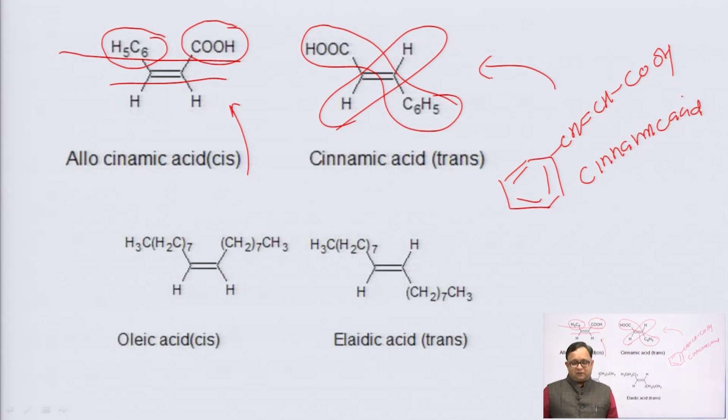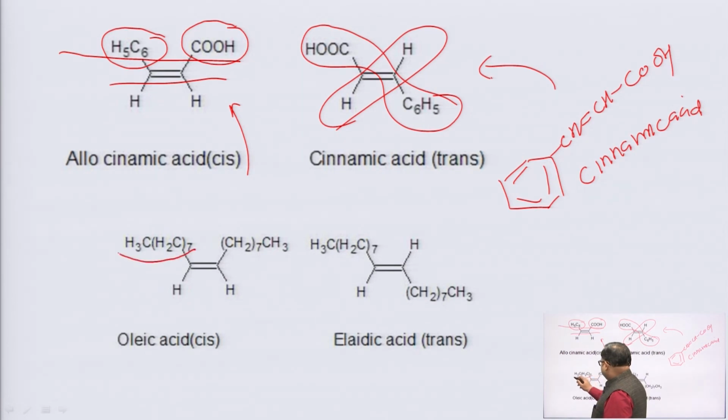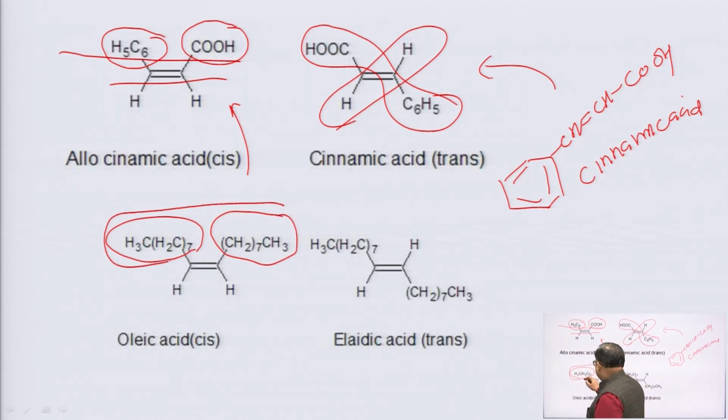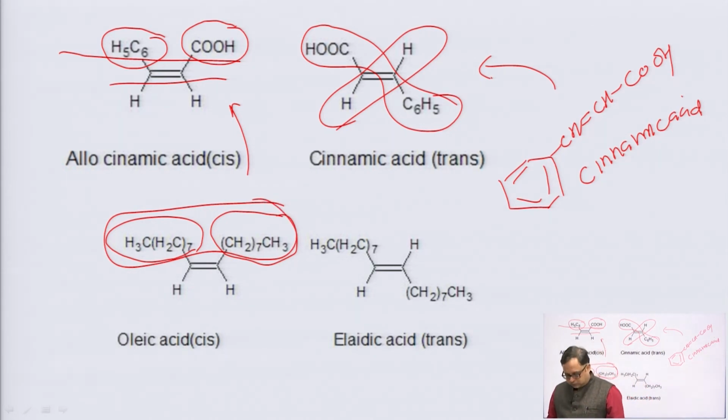Similarly, one more example can be discussed here, oleic acid and elaidic acid. In oleic acid, this aliphatic chain, CH2 CH3, is present on the same side of the double bond, meaning it is representing the cis form.